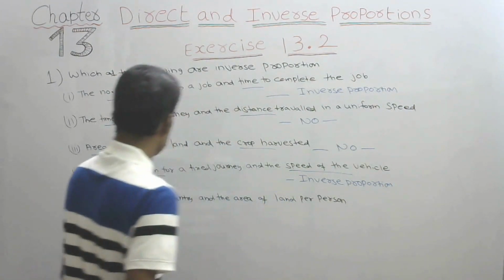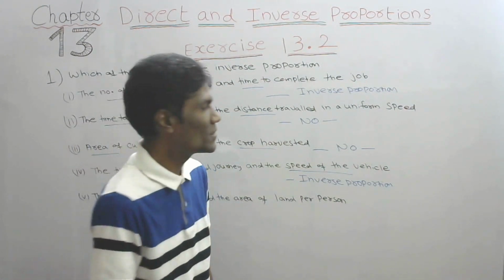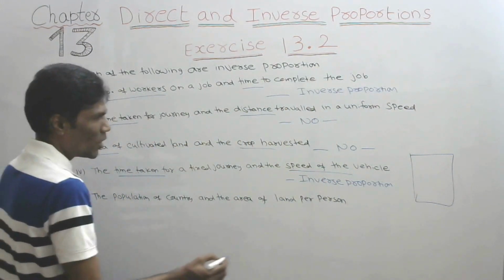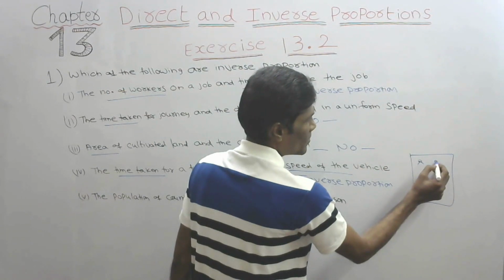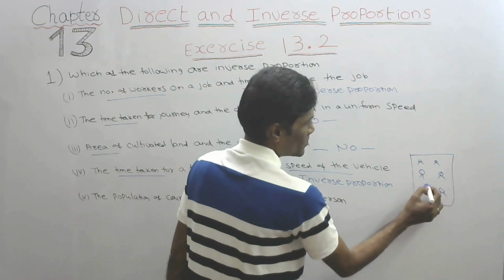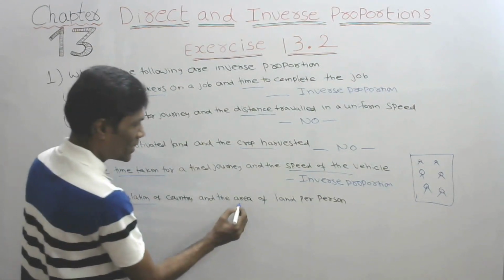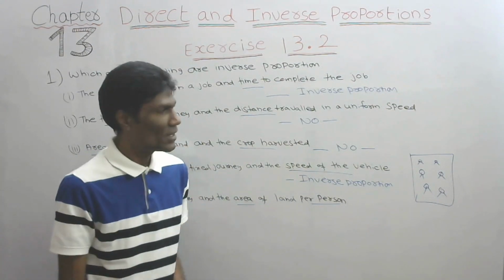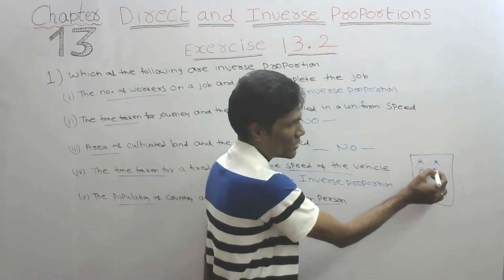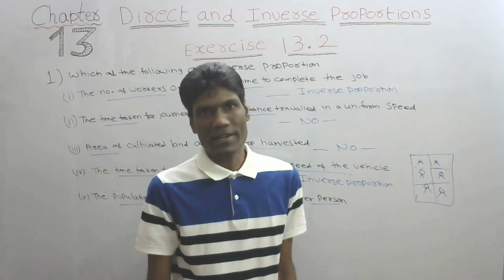Next, the fifth one. The population of a country and the area of land per person. So this is a country, and some population is there. Say 6 persons are there. Each person will get this much space.